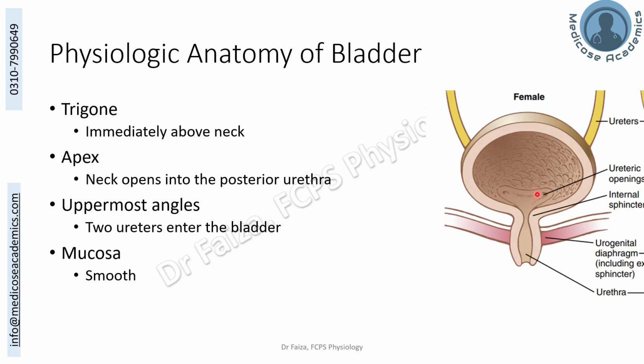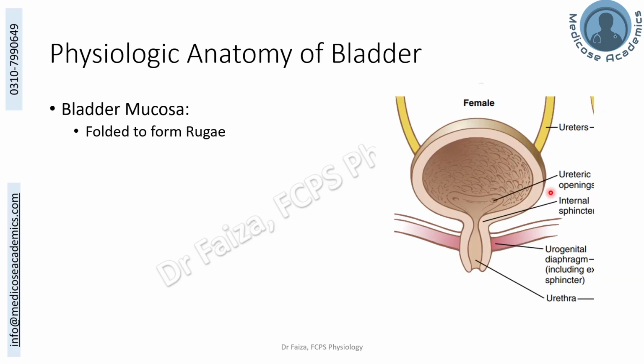So at the upper end, two ureters opening, at the apex, the bladder neck where it is going to join with the urethra. If we look at the mucosa of this bladder trigone, this is smooth, whereas the rest of the bladder mucosa you can appreciate is thrown into folds.